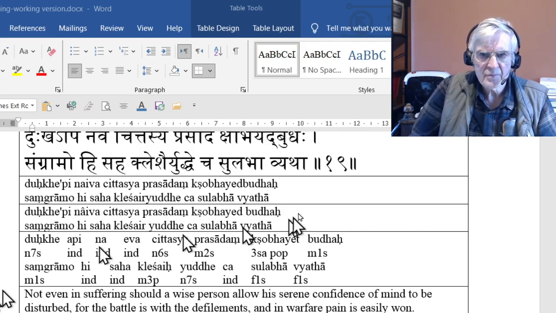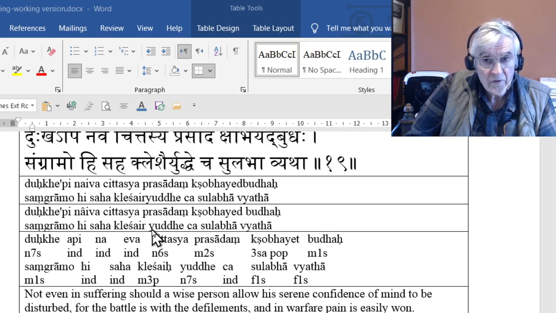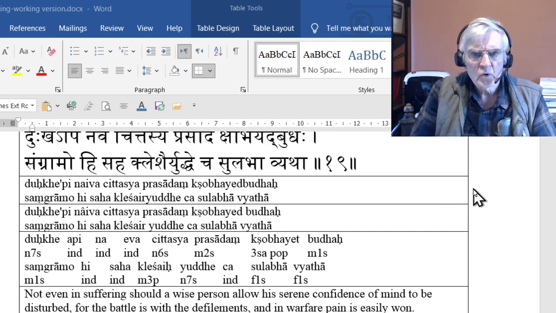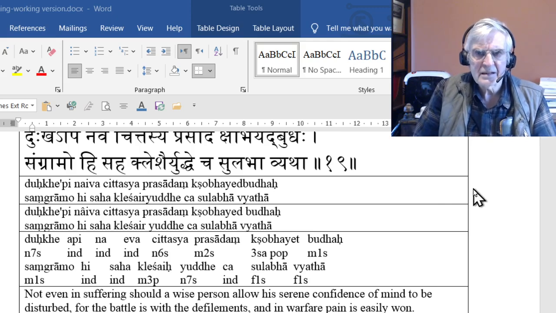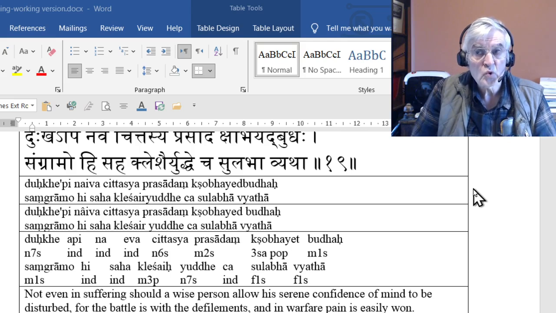Notice I didn't mention it specifically, the sandhi here: the instrumental plural on its own without sandhi is kleshaih with the visarga, but here we have the ai with visarga followed by a voiced consonant. Therefore, the ai becomes air, kleshair yuddhe. So once more, duhkhe api naiva chittasya prasadam kshobhayed buddhah, sangramo hi saha kleshair yuddhe ca sulabha vyatha.